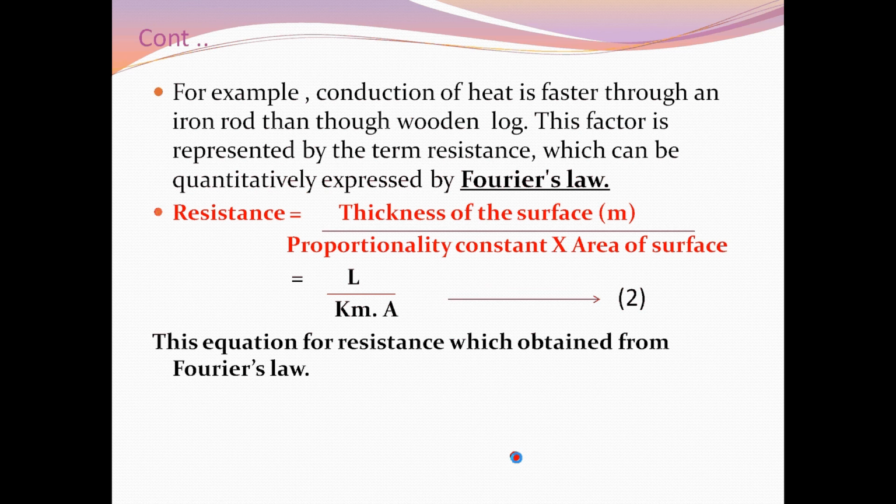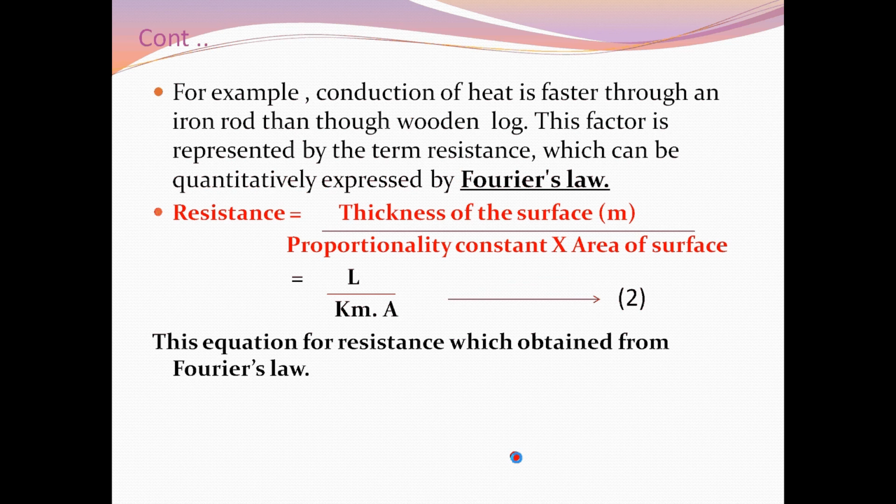Why is there a difference? Because a wooden log does not have that much capacity to carry heat. It creates some resistance to the transfer of heat, and this resistance is determined by Fourier's law.